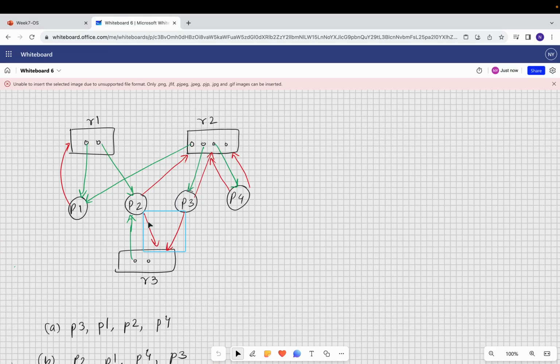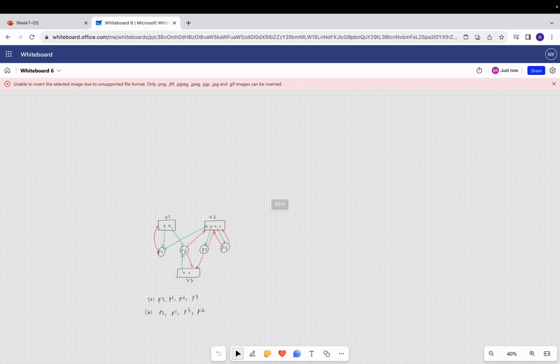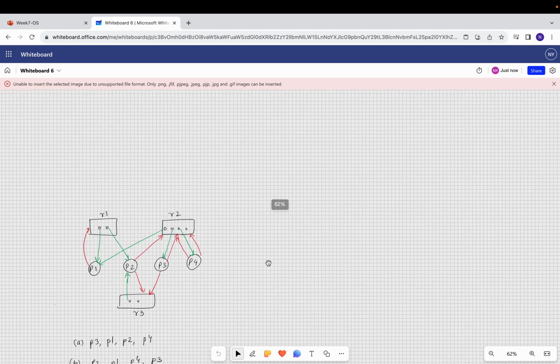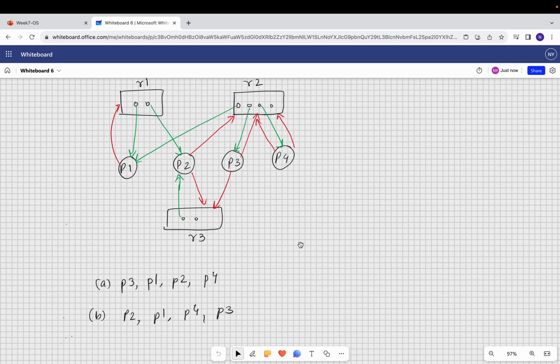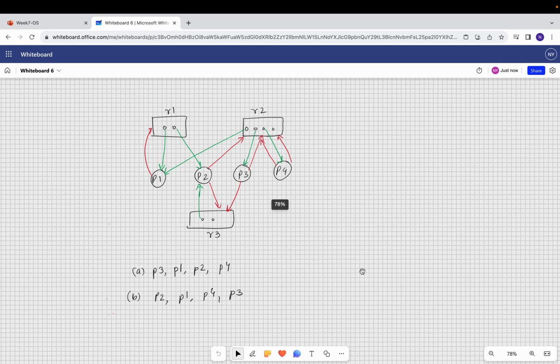Okay, now I have drawn it here, and let's look at it. So here I have drawn the resource allocation graph, and I have two different kinds of arrows.